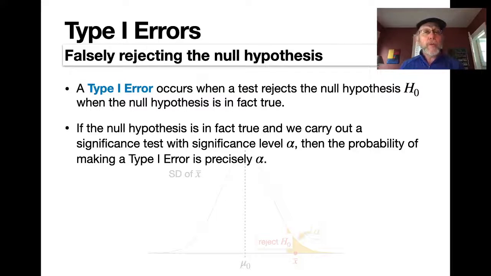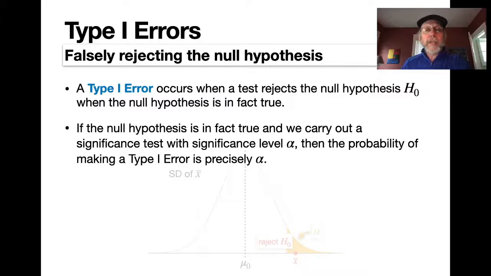And so if you wanted to reduce the probability of making a type 1 error, that is, of falsely rejecting the null hypothesis, you would reduce the significance level alpha. You would take it from 5%, say, to 1%, or if that's still too much, you might take it to 0.1%, and so on.